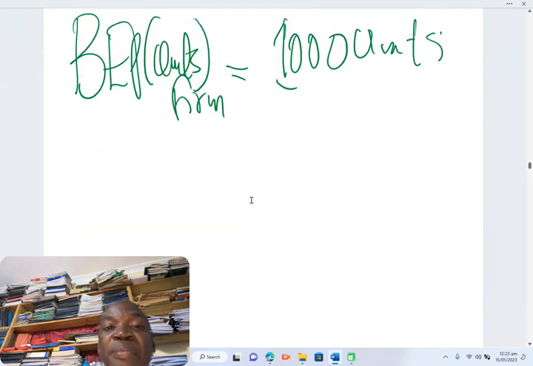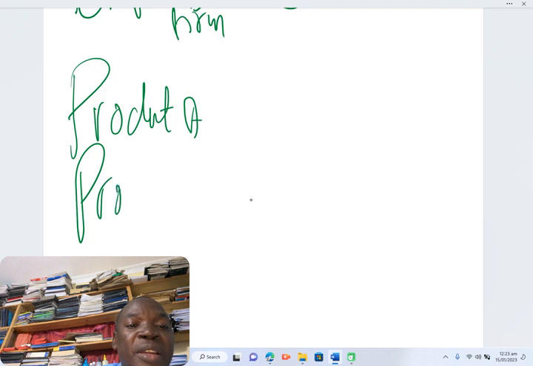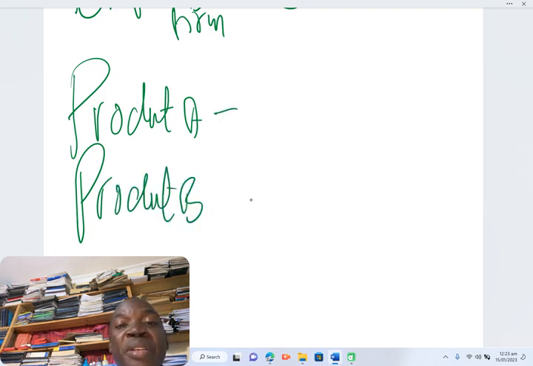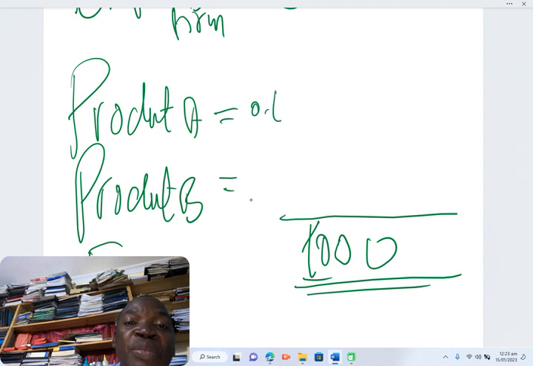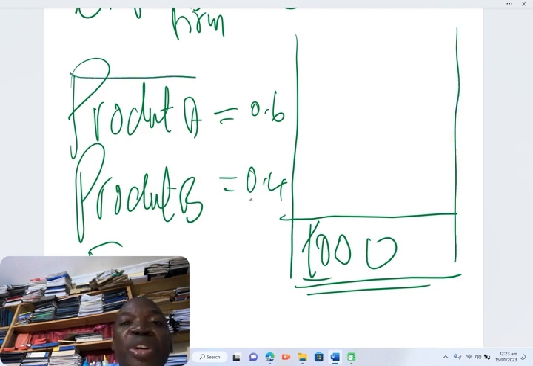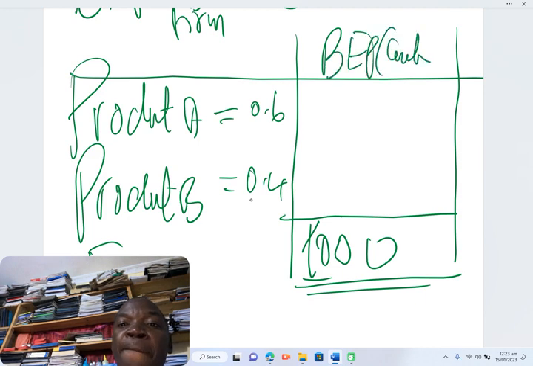So we have product A, product B, and then the firm. The firm is 1,000. But product A shares 0.6 and product B is 0.4. When you compute here, you can have BEP in units.